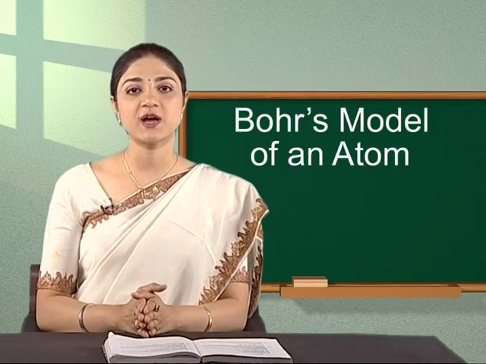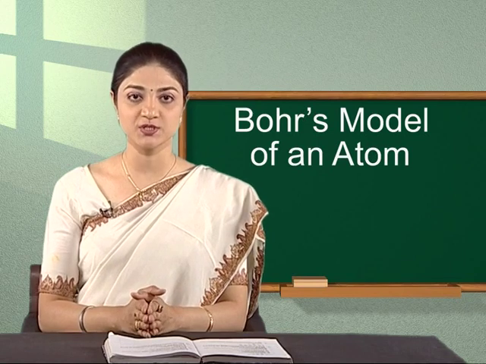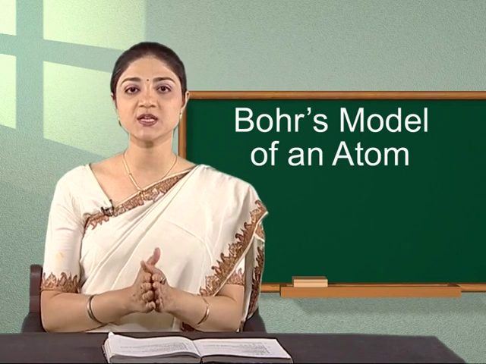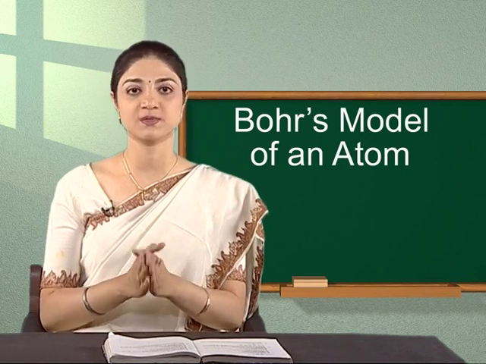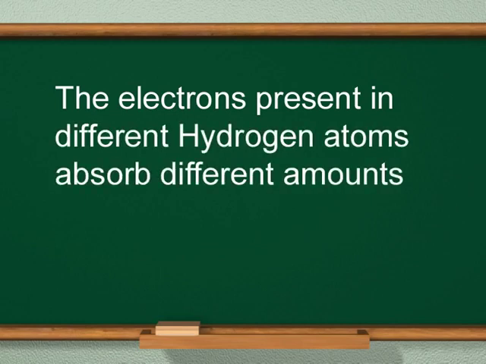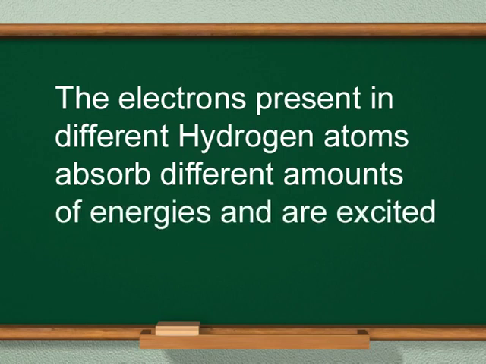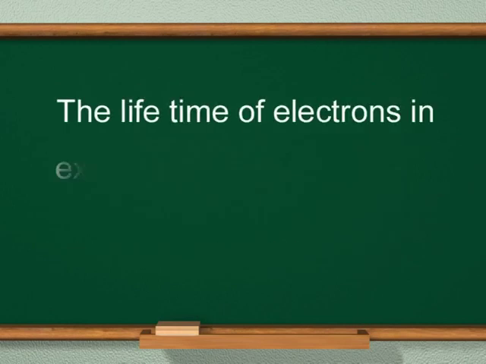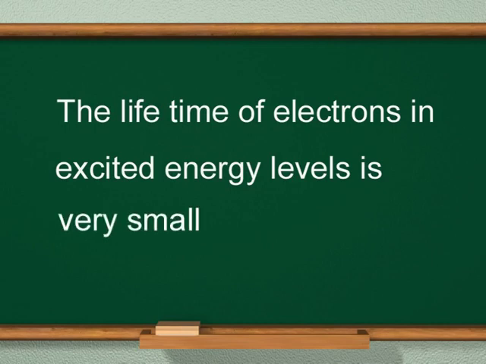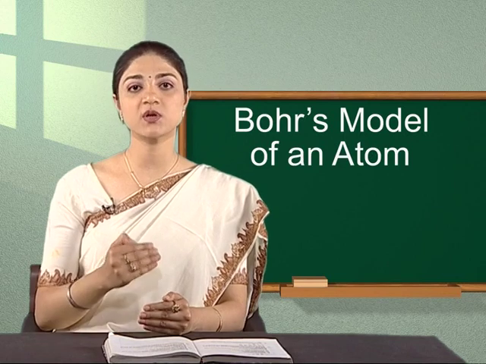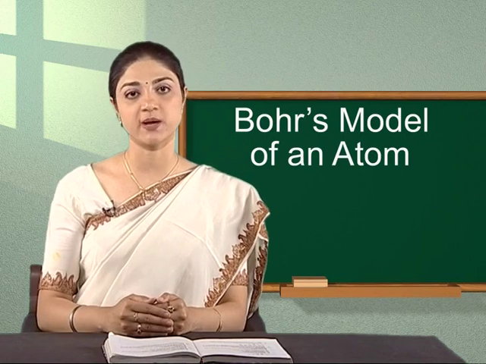When an electric discharge is passed through gaseous hydrogen, hydrogen molecules dissociate and produce energetically excited hydrogen atoms. The electrons present in different hydrogen atoms absorb different amounts of energies and are excited to different energy levels. Since the lifetime of electrons in these excited energy levels is very small, they return to some lower energy levels or even to the ground state in one or more jumps.